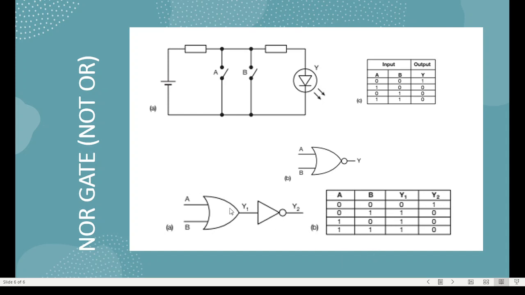Now a NOR gate is basically having an OR gate, sorry, a NOT OR gate, and you connect that to the NOT gate, right? A and B representing switches, right?